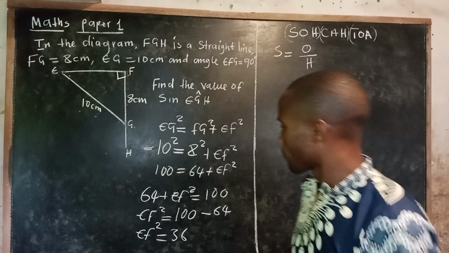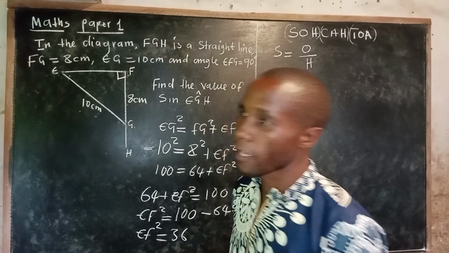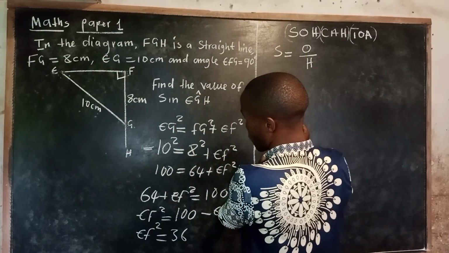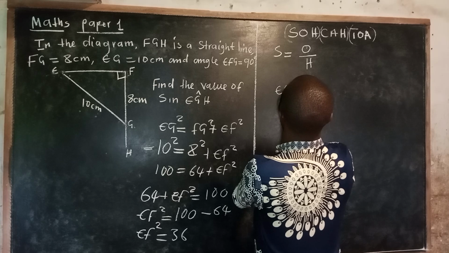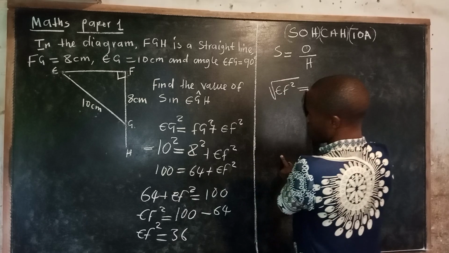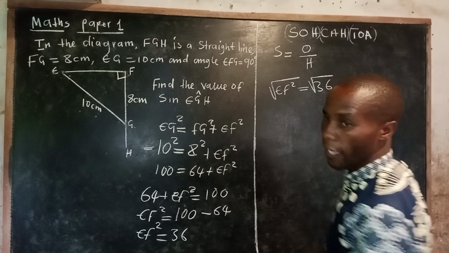Now remember, we are looking for EF squared, I mean EF. We are not looking for EF squared. So what do we do to get rid of that power? We introduce the square root on both sides: the square root of EF squared equals the square root of 36.